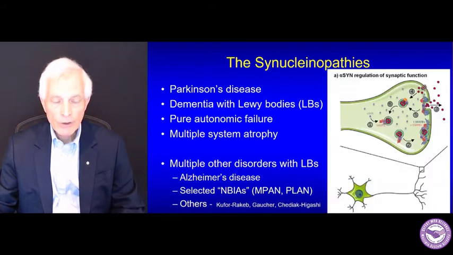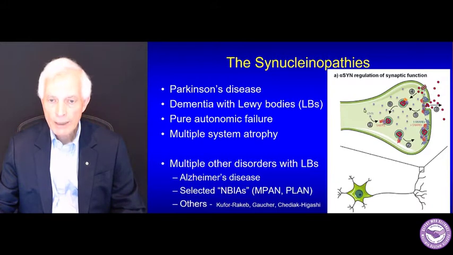Now, alpha-synuclein is a normal protein that becomes abnormal in these conditions. This is a nerve cell that projects a long axon that then talks to other nerve cells at the terminals of the axon. And alpha-synuclein sits in the terminal. This is a terminal that is before a synapse. Nerve cells talk to one another at synapses by releasing neurotransmitters, which are exemplified here in these little red dots.